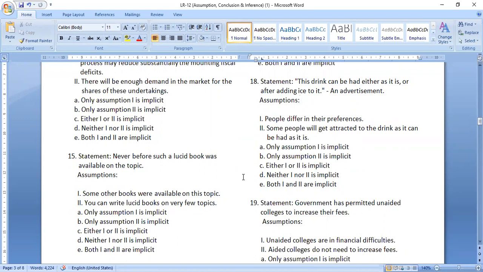So some people would probably want to have Coke or Pepsi with ice, and some people may want to have it without the ice. So I think that statement 1 is implicit. And statement 2, some people will get attracted to the drink as it can be had as it is. Yes, sir. Yeah, I suppose it could.